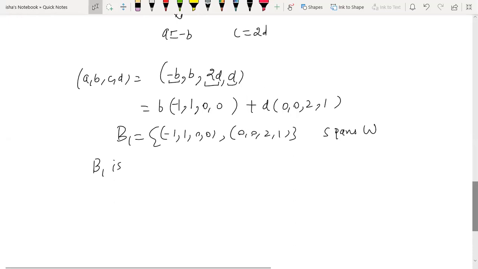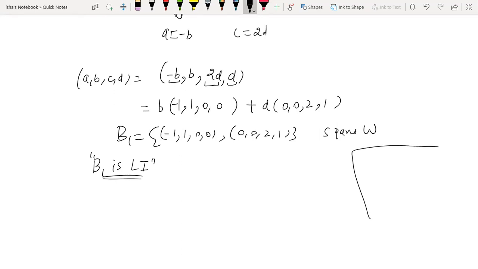So I need to check whether B1 is LI or not. One more point for two vectors: whenever you have just two elements, checking LI, LD becomes very easy. I am giving you this result: any two non-zero vectors V1 and V2 are linearly dependent if and only if one is a scalar multiple of the other.